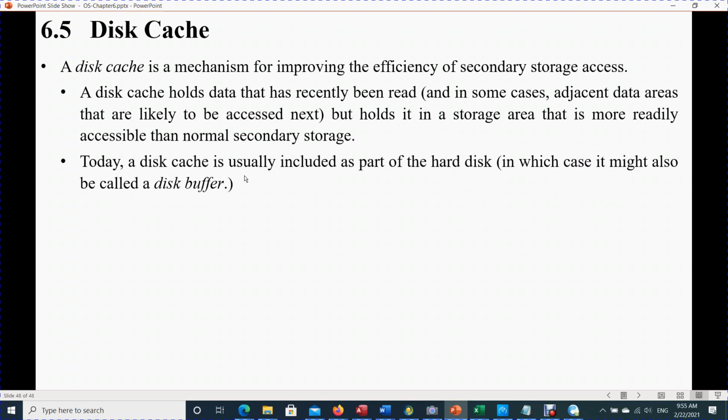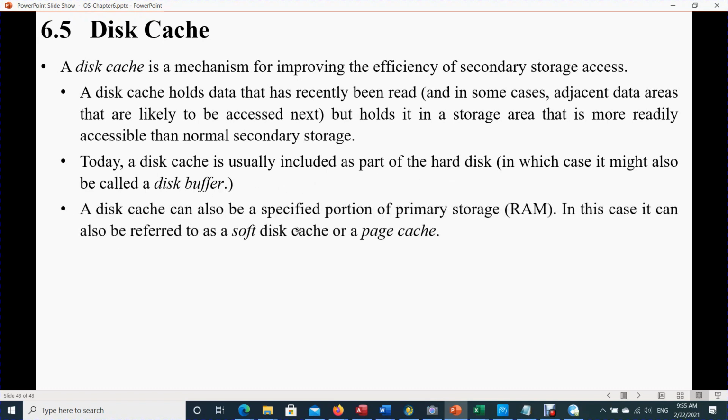Most hard disks now have disk caches built in. When it's built into the hard disk, it's called a disk buffer. You can also do it in RAM, a section of primary storage. If you do it in RAM, it's called a soft disk cache, or sometimes a page cache.